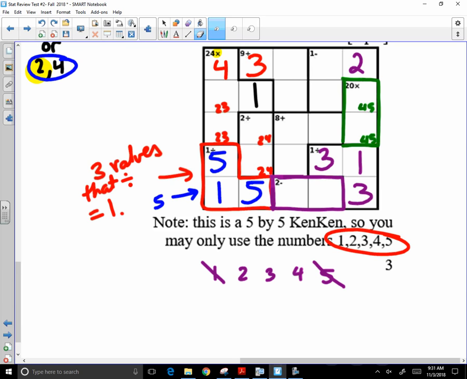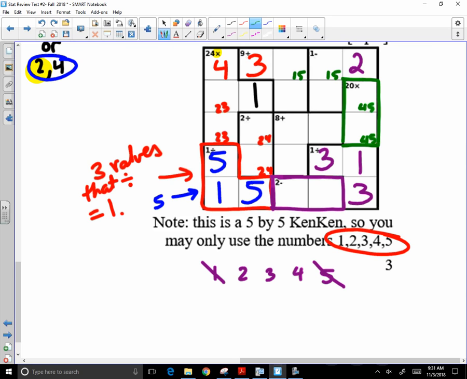All right, so then, go where your instincts take you. Mine are telling me to go top row. I use 2, 3, and 4. That leaves 1 and 5 left over. All right, so you could start playing the what-if game. You don't want to do this all the time, but sometimes it can get the job done.